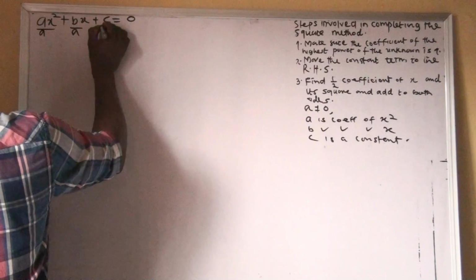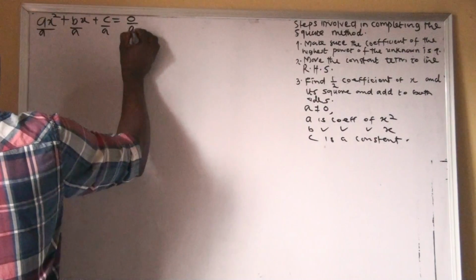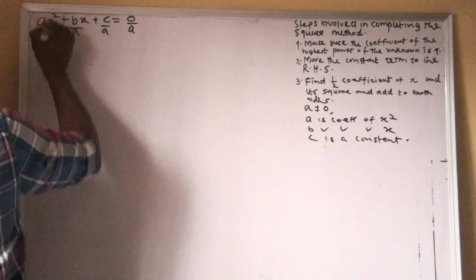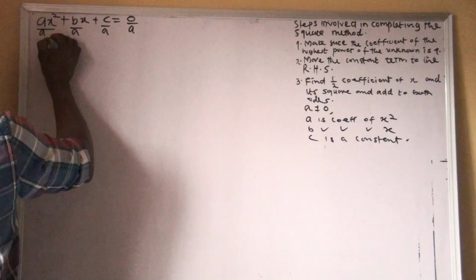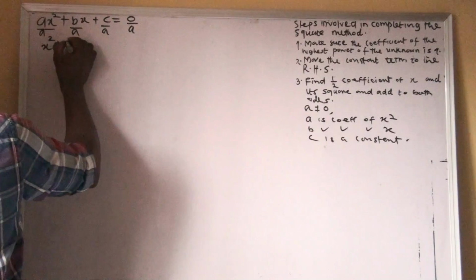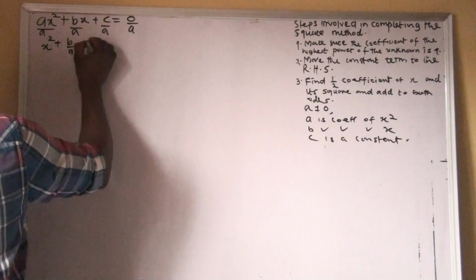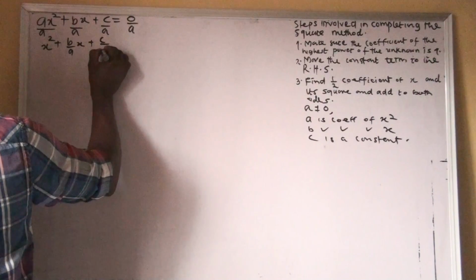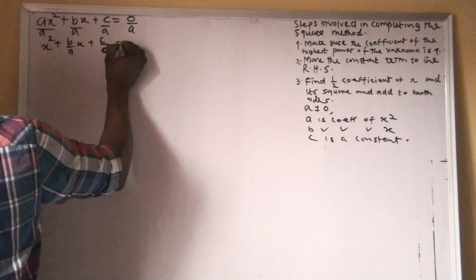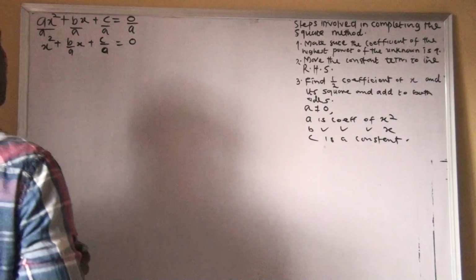If we do that, this becomes x squared plus b over a x plus c over a is equal to 0. 0 divided by a is 0.